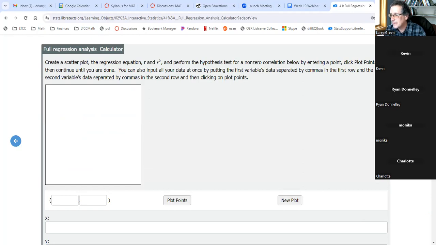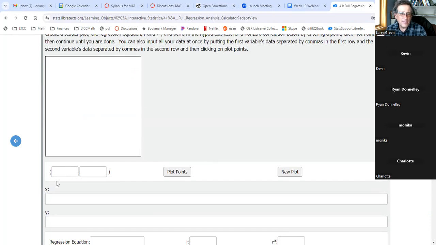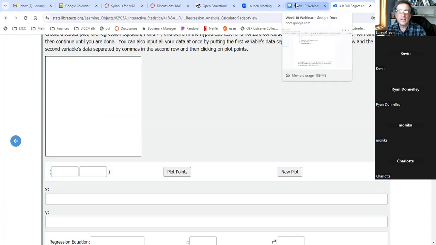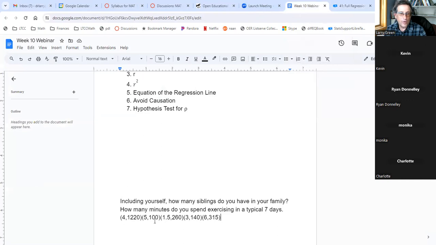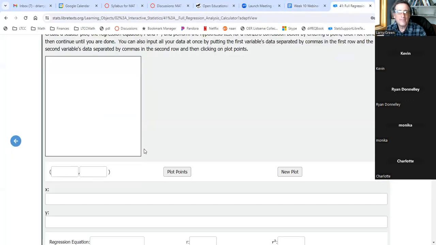Check something. Hopefully you can all see it. And I think the easiest way, I could do it by point, but I think the easiest way is to put all the X's in order, and they have to be ordered. So our X's were 4, 5, 1.5.